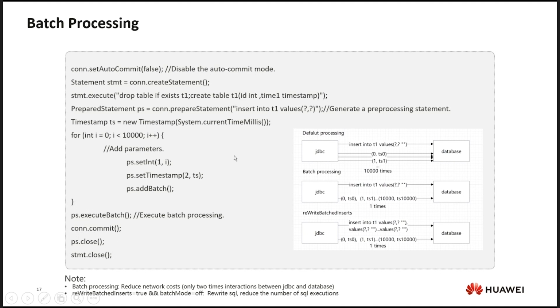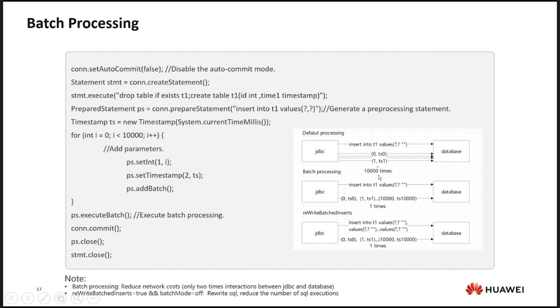So what happens with batch mode? I just drew this picture. If you don't use batch mode, there is one insert SQL sent to the database, then 10,000 times data sent to the database.